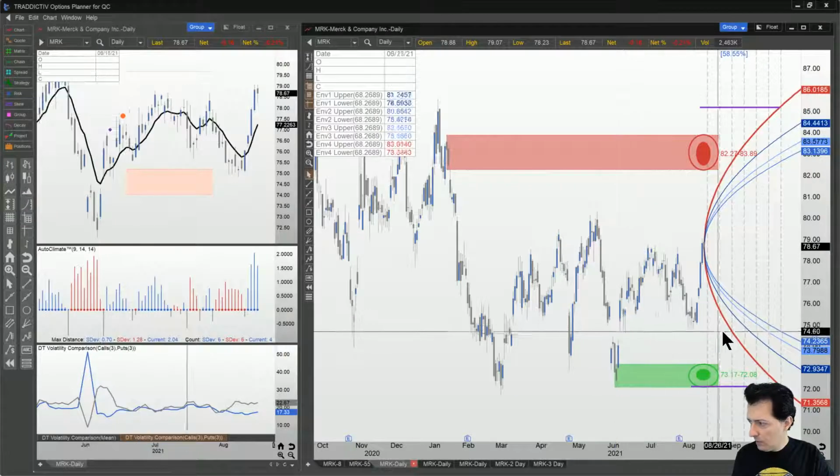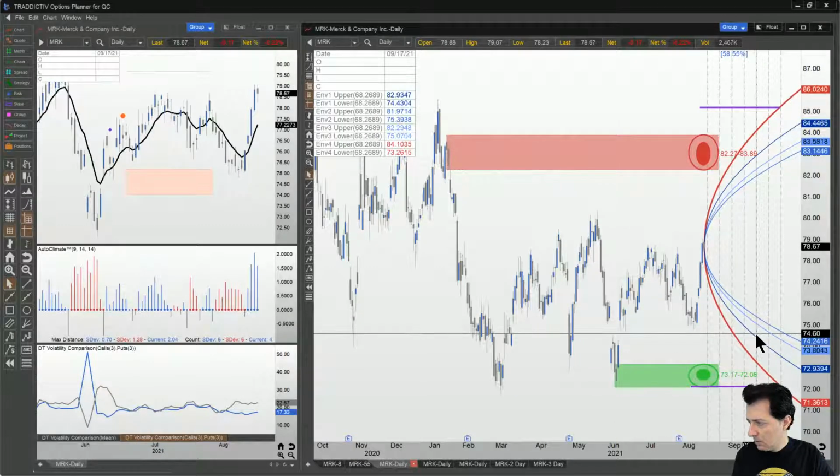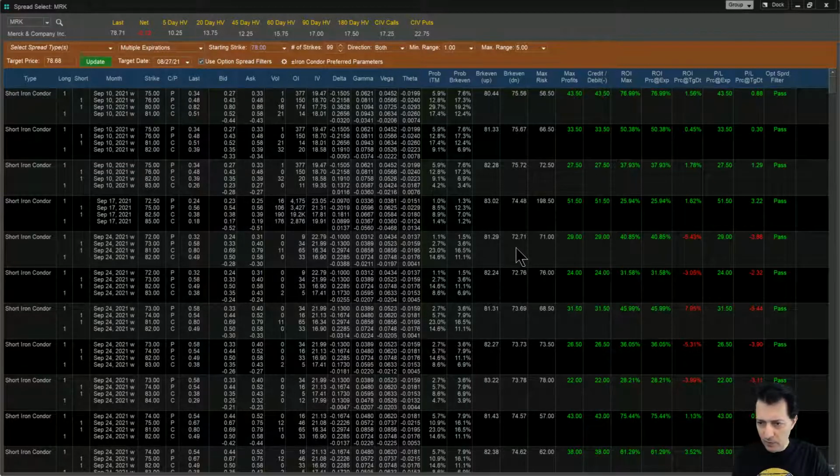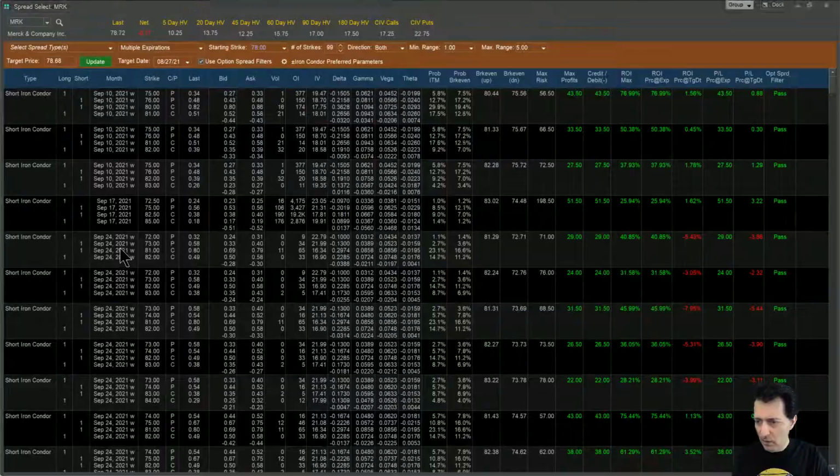And in the bottom part, I got 72 something. Wow, this is really close for this to work, but it's not working. And the ones that are almost working are September 10 and September 24.